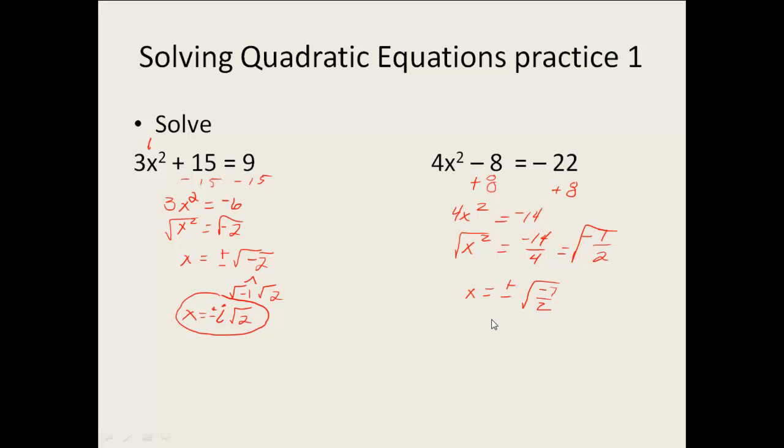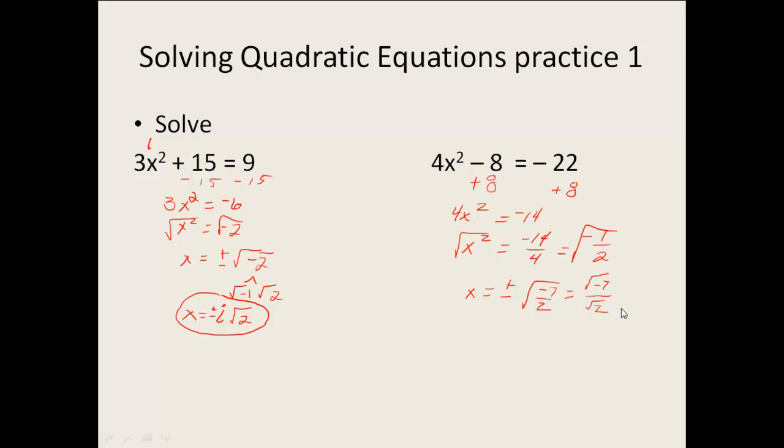Now this answer has a couple problems. First one is we're not allowed to leave that negative sign under the radical. The second one is we're not allowed to have a radical for a denominator either. So here you have a couple different options of how you want to break it apart. I'm going to go ahead and take care of the radical in the denominator first. So I'm going to break this up into the square root of negative 7 over the square root of 2.